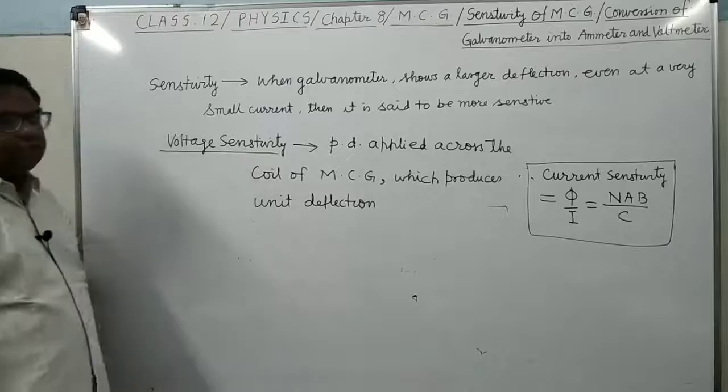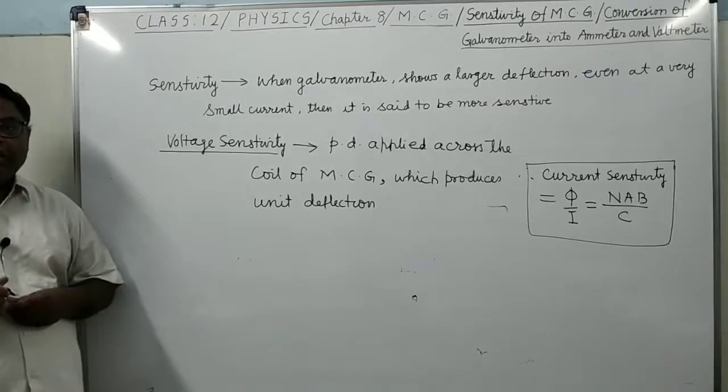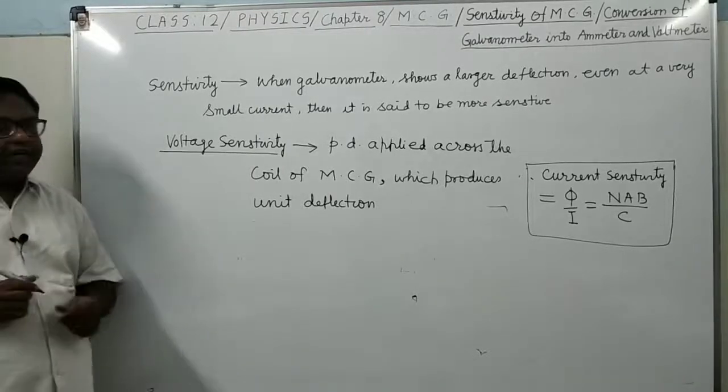Means how much potential difference applied across the coil will produce the deflection of 1 radian.